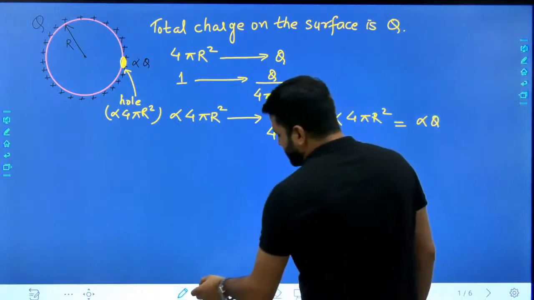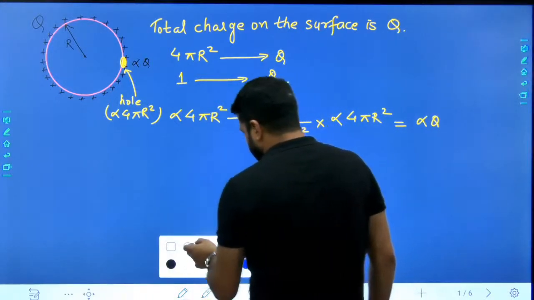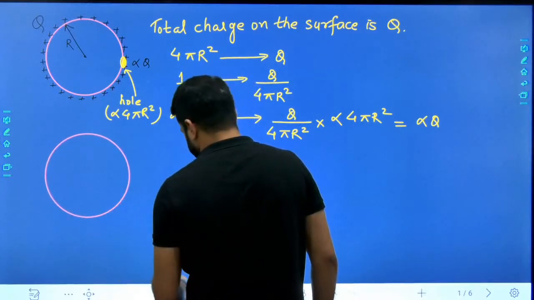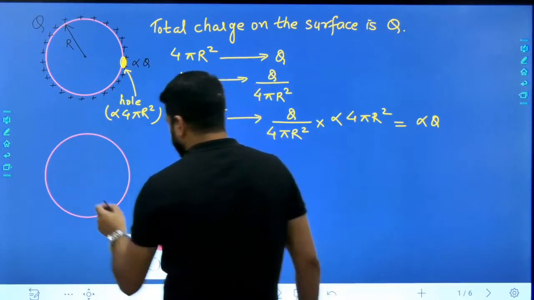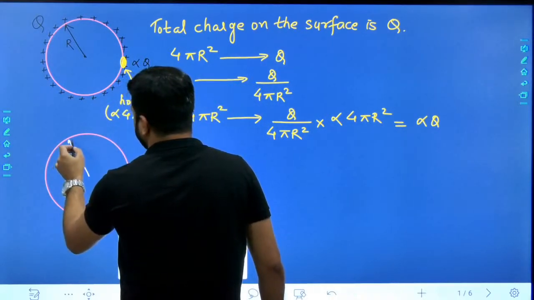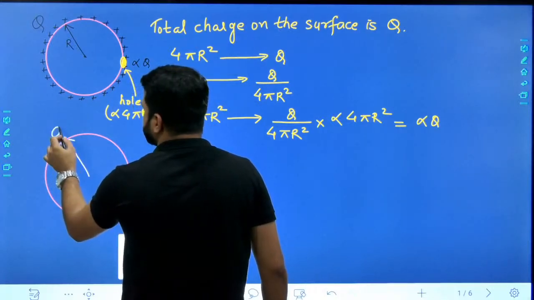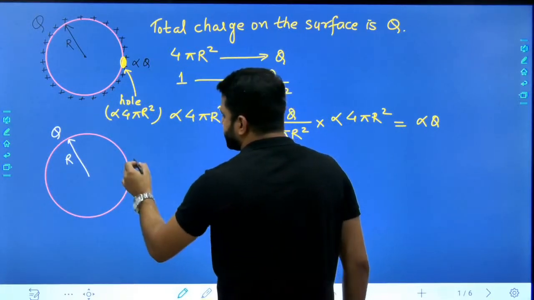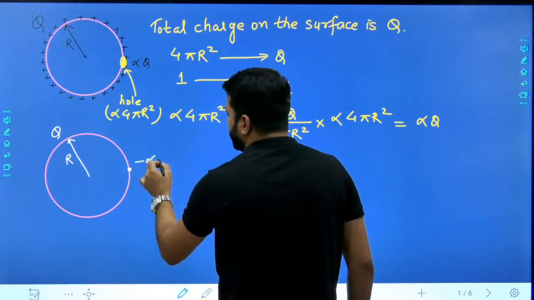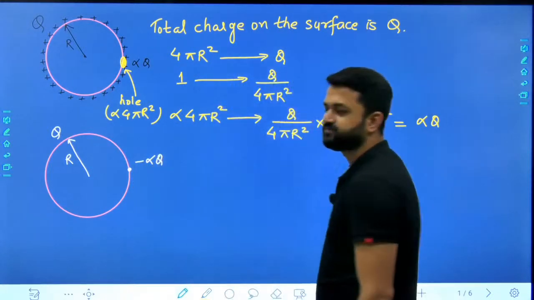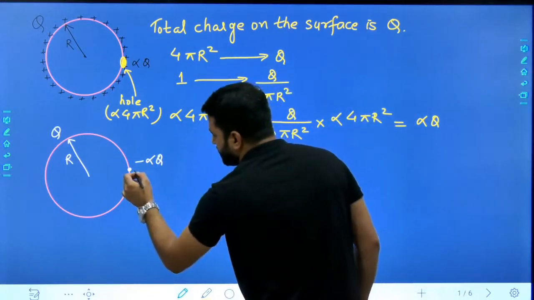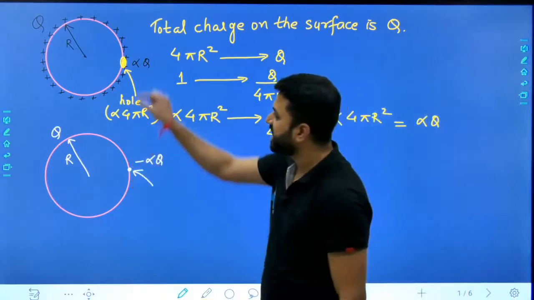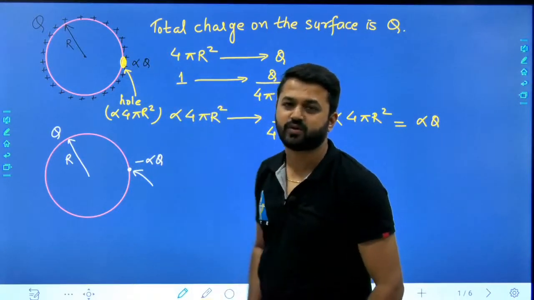So we can say that we are having a sphere of radius r, and it is having a charge Q, and here also we are having a point charge of magnitude minus alpha Q. This is the charge which is present on that particular hole.